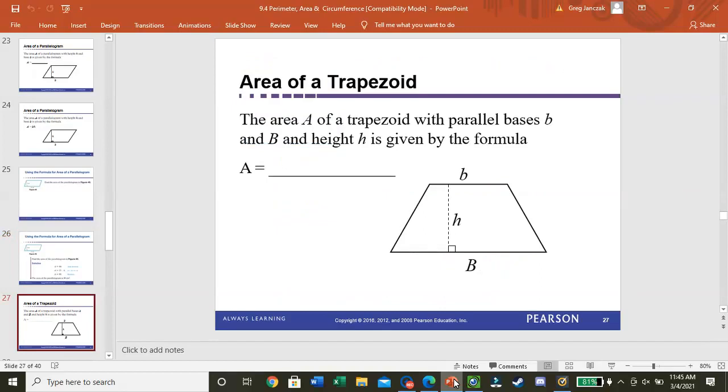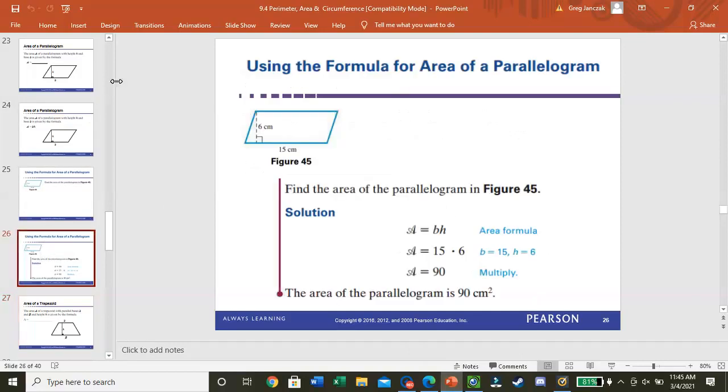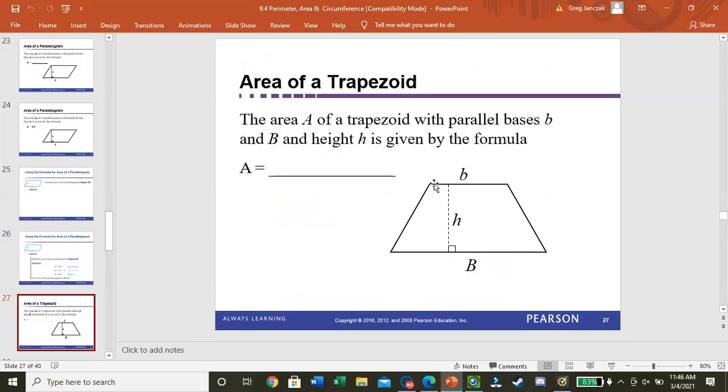Okay, area of a trapezoid. Well, let's look at what a trapezoid is. Whereas a parallelogram has two pairs of opposite sides that are parallel, the top and bottom are parallel, the right and left are parallel, a trapezoid only has 1 pair of parallel sides.